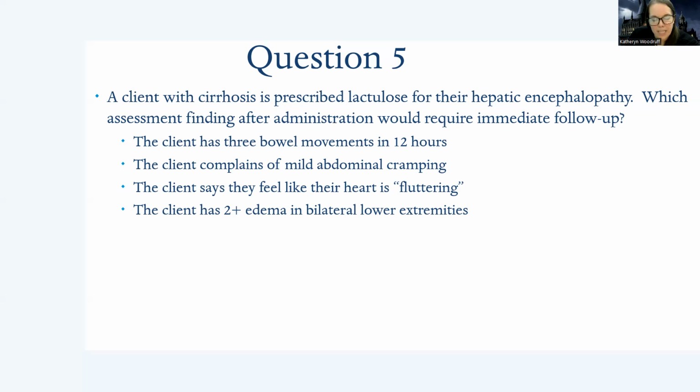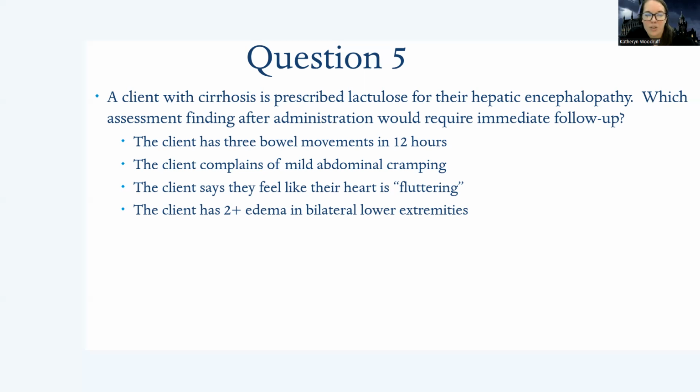So both C and D, or third dot and fourth dot, are abnormalities, whereas the client having bowel movements and mild abdominal cramping, I'm not too worried about. So I have to think about which one of these actually requires follow-up, and again, what's the kill factor, who's going to die the quickest.